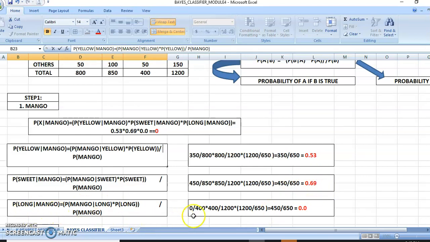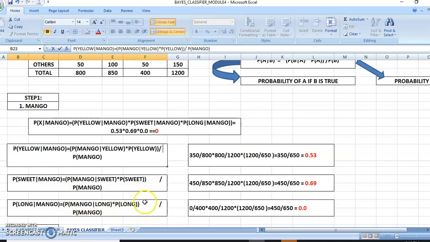Similarly, calculate the probability of long for mango. I'll repeat this because the next two you have to do by yourself. The probability of mango being long into the probability of long, divided by the probability of mango.